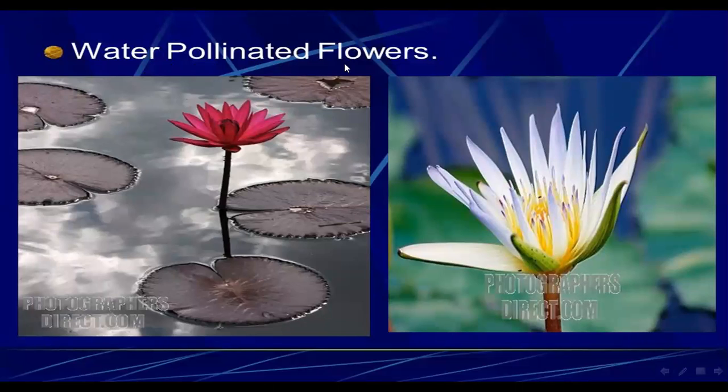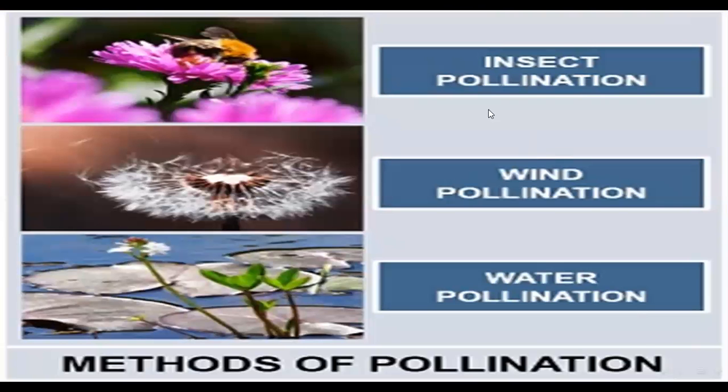Water pollinated flower, see, that one is called a water pollinated flower. This image shows you wind pollination, and that one shows you water pollination. So the methods of pollination are insects, wind and water.